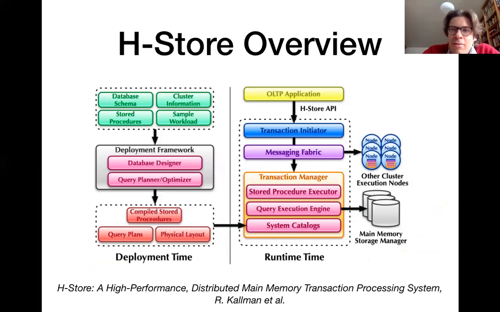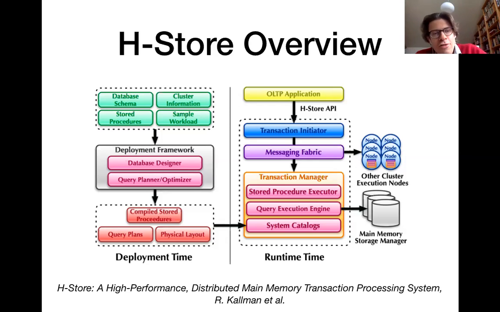Before runtime, you already assume that we have a lot of information given. We have, of course, the database schema. We have some information about the cluster on which we want to deploy our database. We have stored procedures, essentially meeting those transaction templates, and we have a sample workload given. Using that sample workload, we can, for instance, see which tables are often joined together.